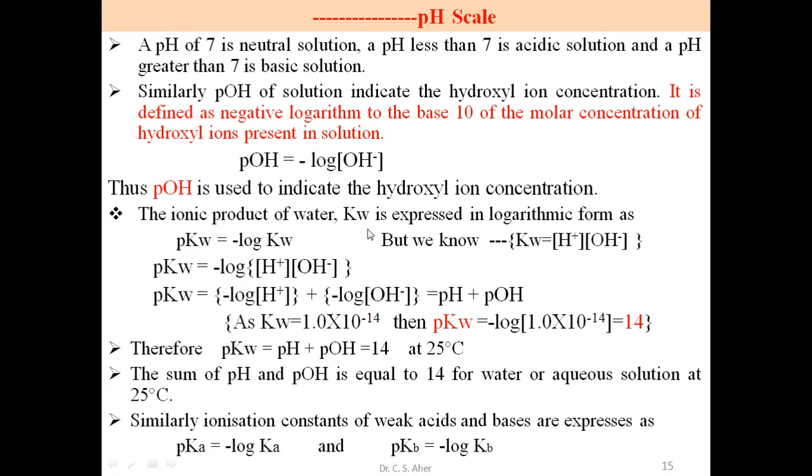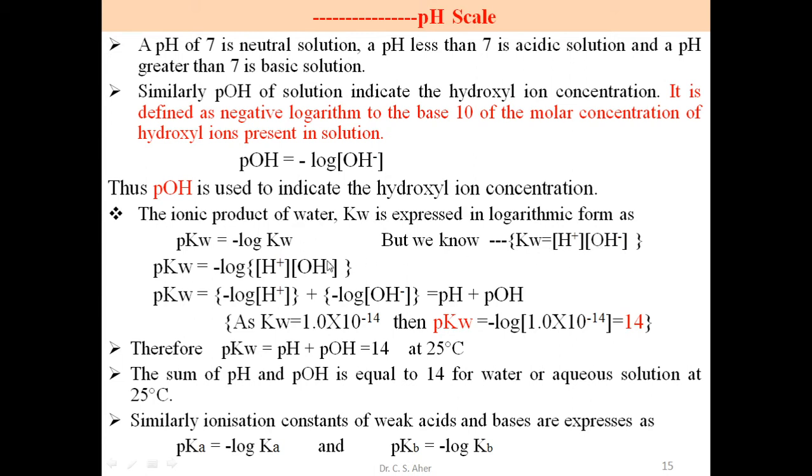The ionic product of water Kw is expressed in logarithmic form as pKw is equal to minus log of Kw. But we know Kw is equal to the molar concentration of H+ ion into the concentration of OH- ion, that is the ionic product of water.